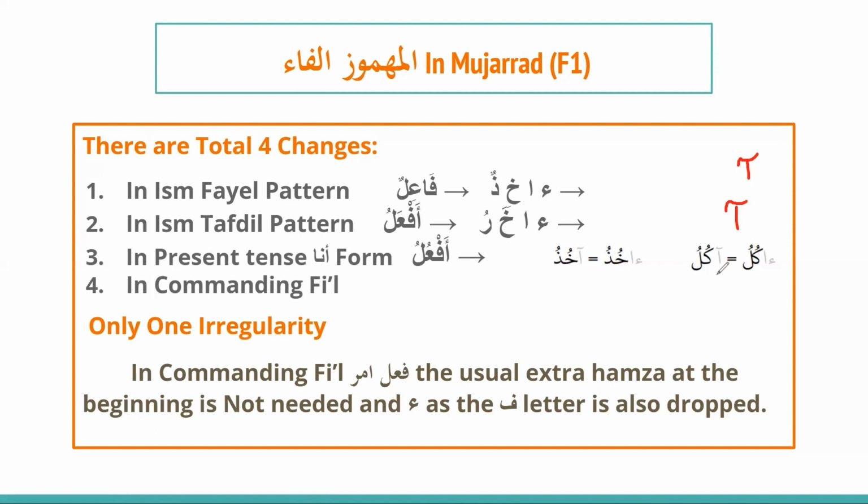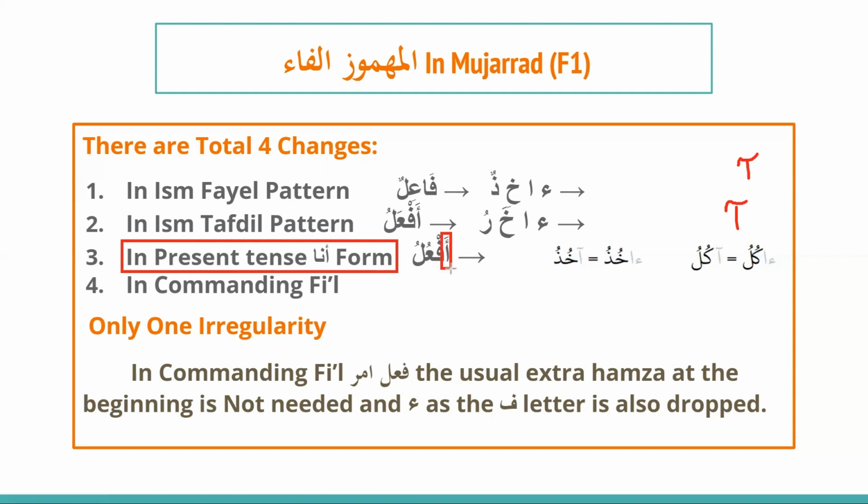Now the change that we have not discussed yet is this one. This is the present tense ana form. In Sarf Kabir, when we do the 14 forms of present tense, huwa, huma, hum, hiya, huma, hunna, and we have the five in your pocket, af'alul arba, like yaf'alu, taf'alu, taf'alu, af'alu, naf'alu, right? So the ana form is af'alu. In the ana form, the symbol of mudare is what?